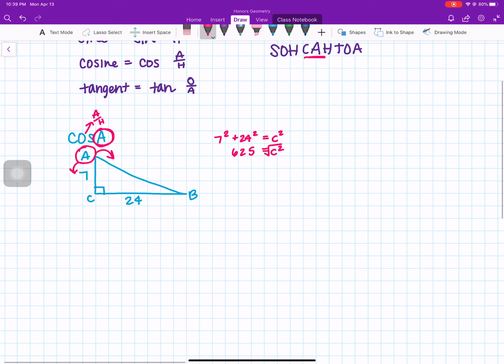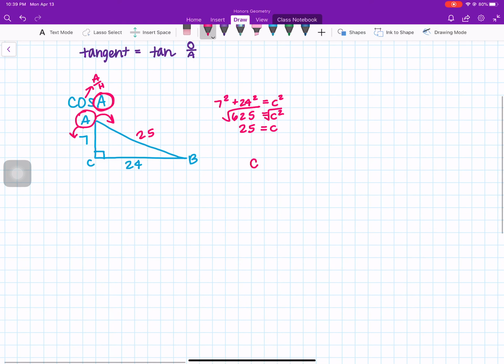And then square root, which gives you 25. So this hypotenuse is 25. So the cosine of A, the ratio of the adjacent side and the hypotenuse, would be 7 over the side I just found, which would be 25.